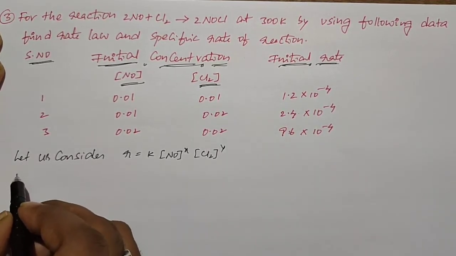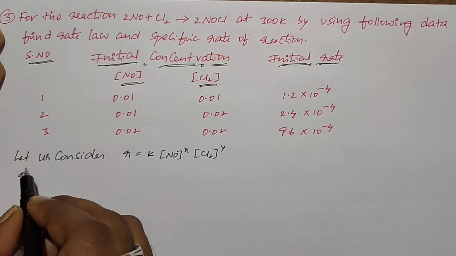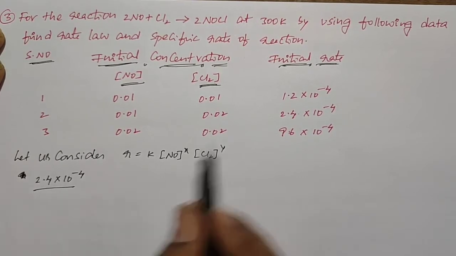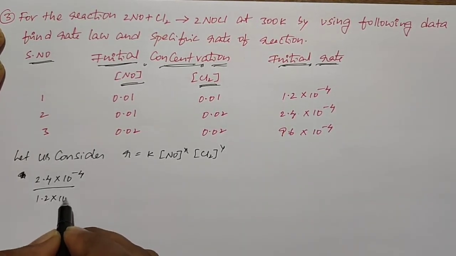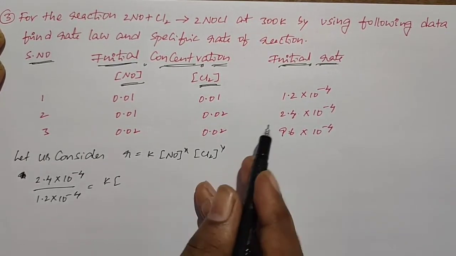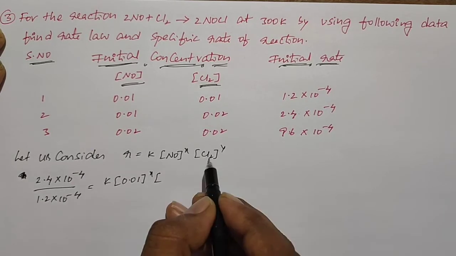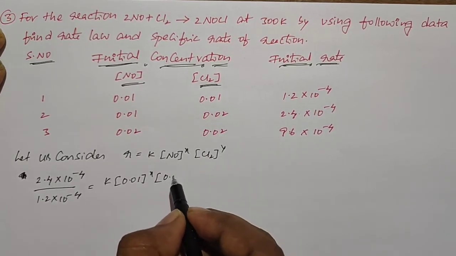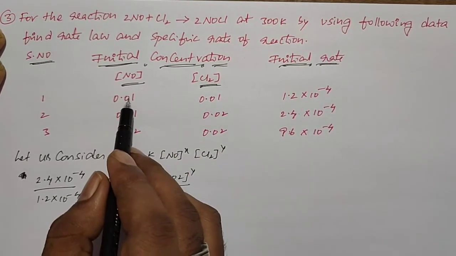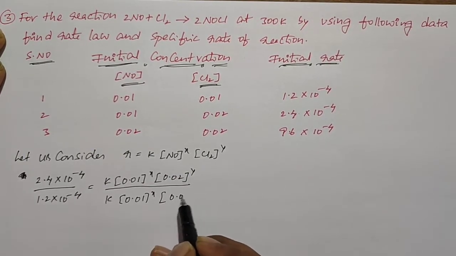Then I get R2, second set, 2.4 into 10 power minus 4, divided by the first set 1.2 into 10 power minus 4, that is equal to K into, for the second set, concentration of NO 0.01 whole power X into concentration of Cl2 0.02 whole power Y, divided by, for the first set, the concentration of NO 0.01 whole power X into 0.01 whole power Y.